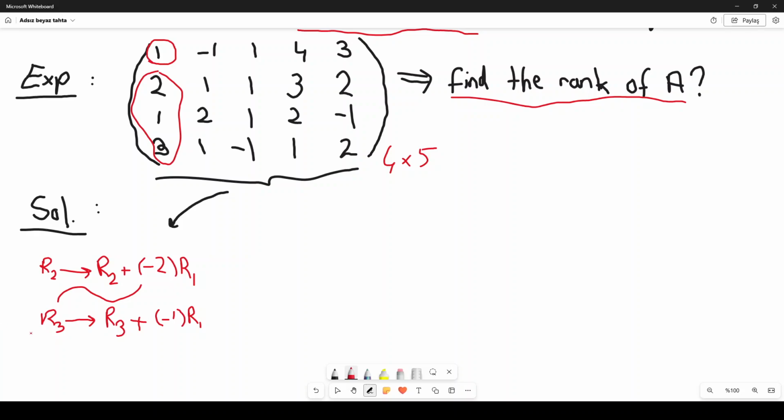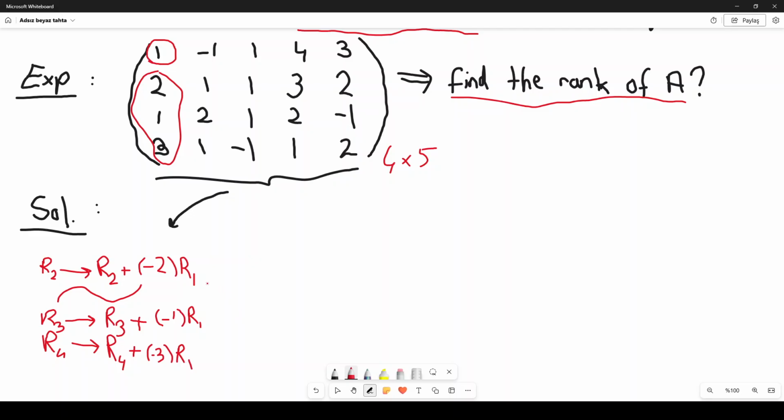Okay, and for row 4, the fourth row, I should replace it again by performing an elementary row operation, and in this case I replace row 4 by row 4 plus minus 3 times row 1, right?